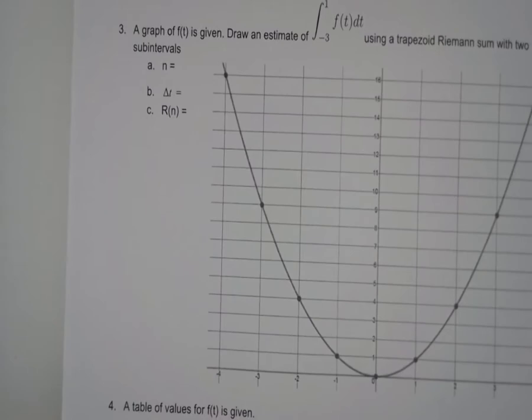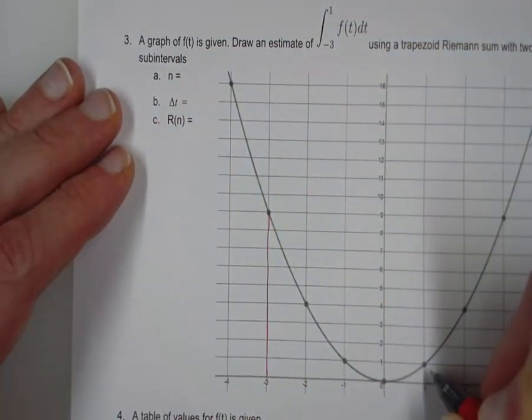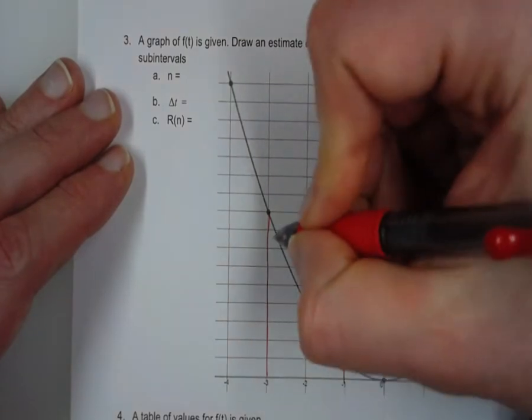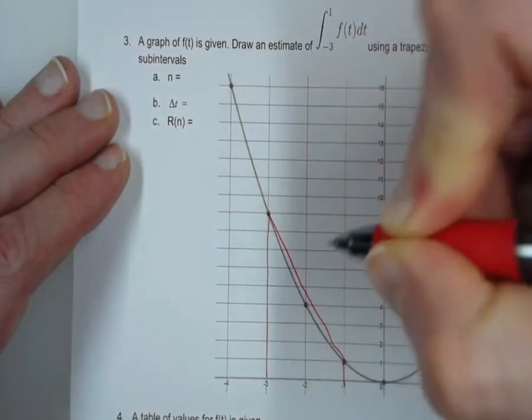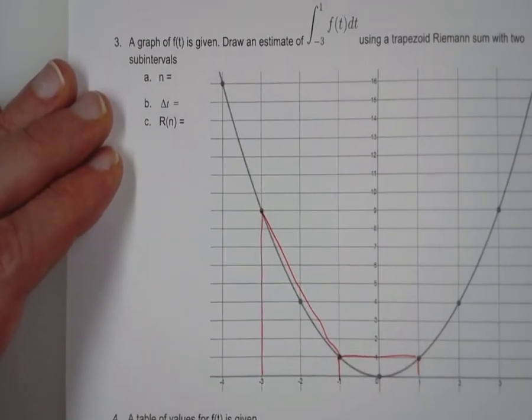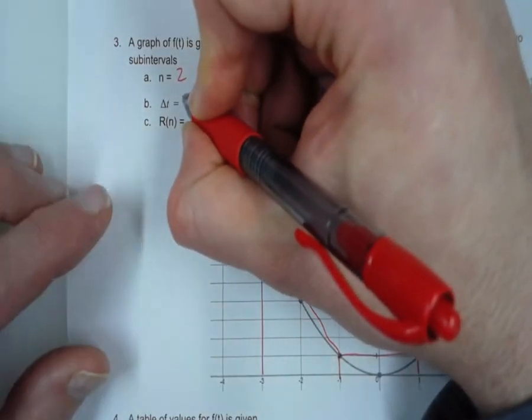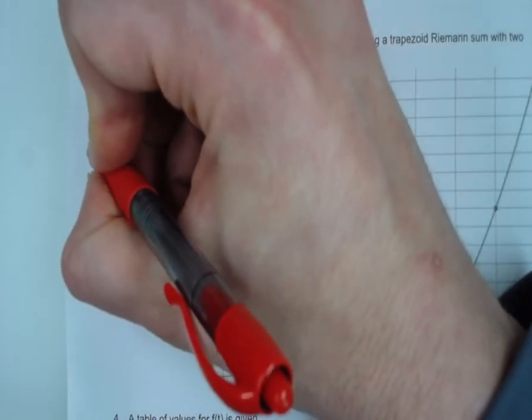Next one, here we want to find the trapezoid from -3 to +1, 2 subintervals. So I connect here and I connect here. In this case, it actually turns out to be a rectangle since the two ends are the same. I have 2 subintervals, each of them with a width of 2.